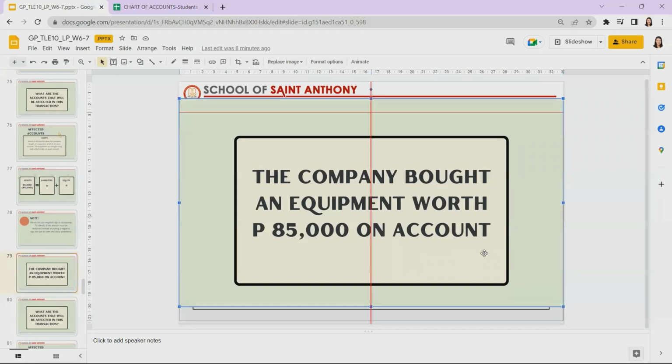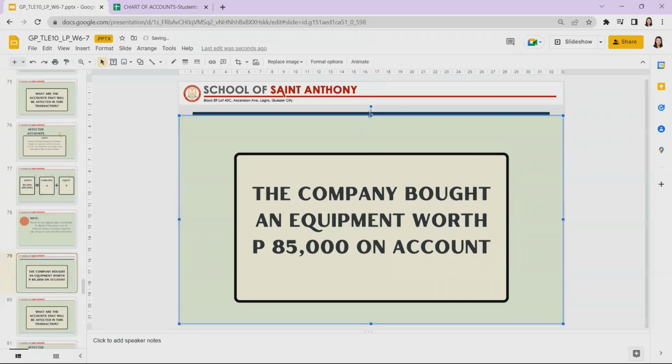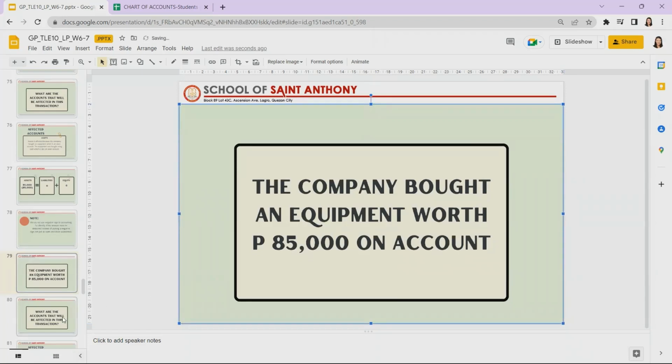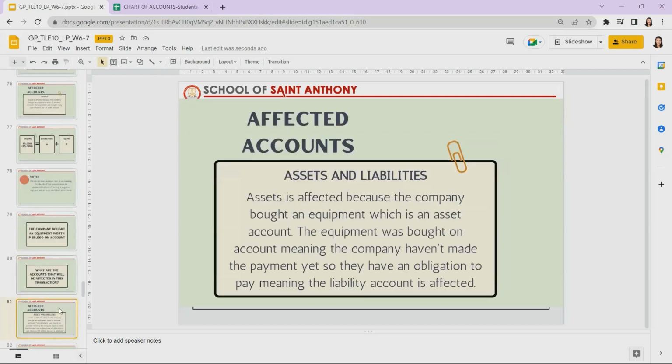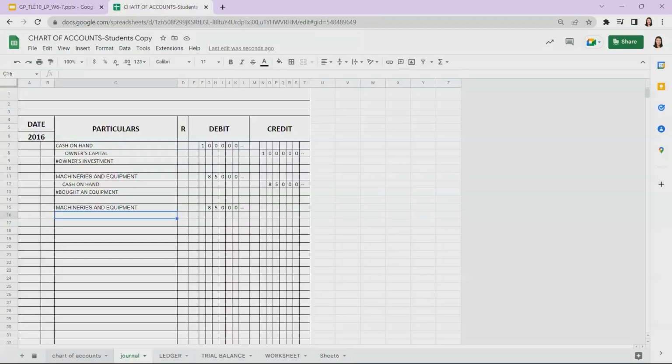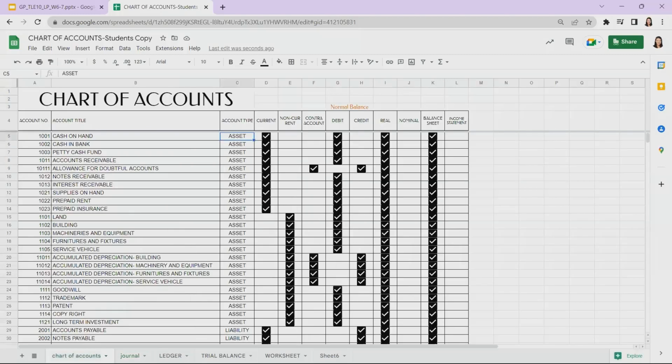Nakalista daw. So kung di ka nagbayad, anong meron ka? Magkakaroon ka ng utang. What is an utang? It is a liability. What should be the proper account title that we must use here? You bought an equipment on account. Hindi ka daw nagbayad. Nakalista pa lang, meaning you have an utang. Liability. Go to your liability accounts.